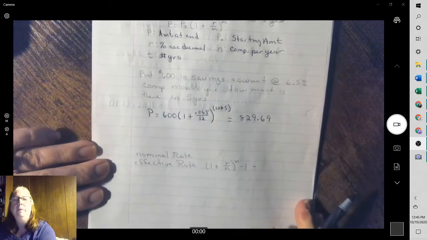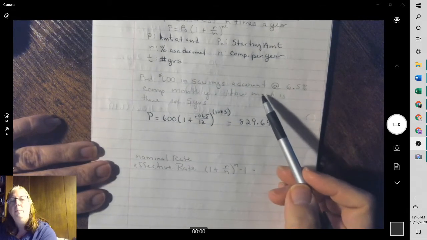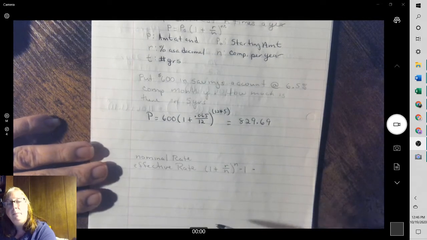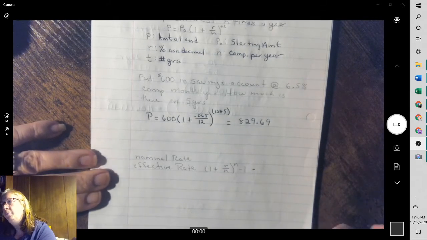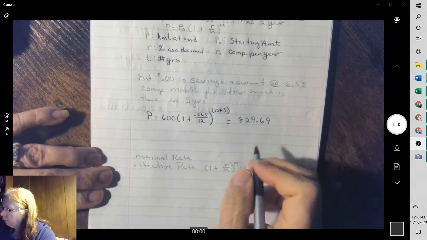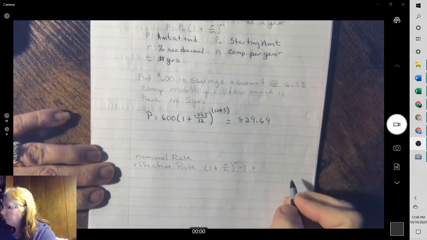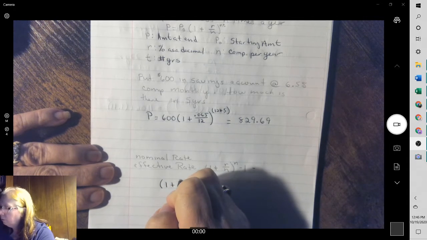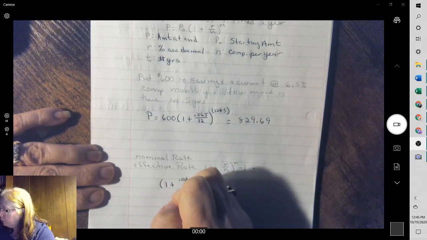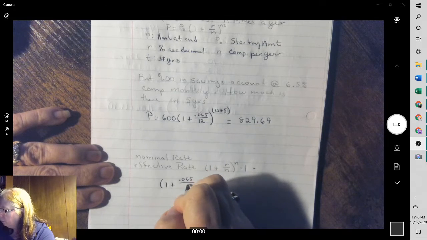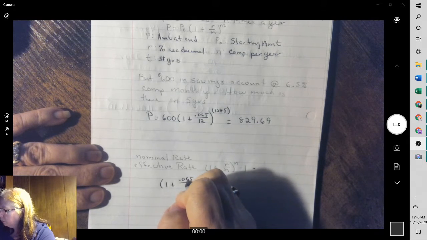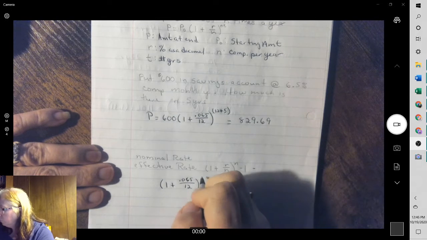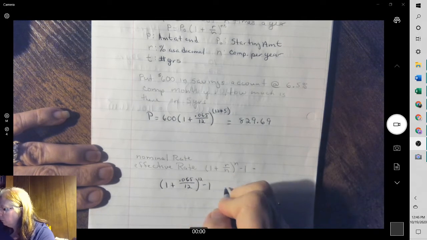We could also find the effective rate, because if this is compounded monthly, we could find approximately how much it is per year. So the variables are the same. 1 plus 0.065 over 12, because it was monthly, to the 12th, minus 1.